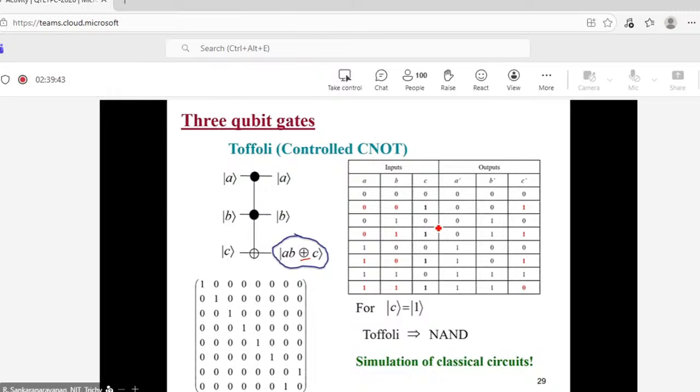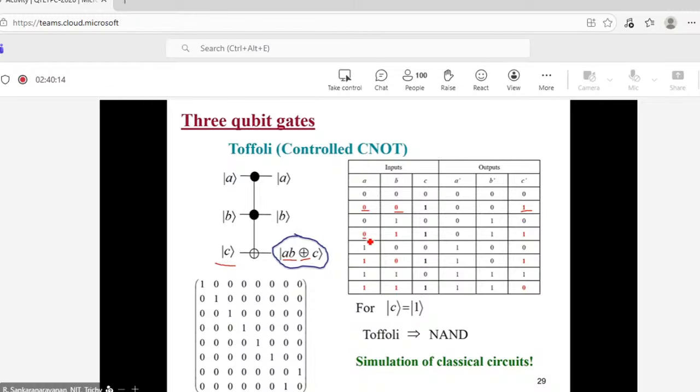So we are setting C equal to 1. Okay. Now you look at this row, this row, this row, and this row. So what is happening here? If the inputs A and B are 0, the output is 1, right? A is 0, B is 0, so the product is 0. Since C is set to 1, 0 plus 1 is 1, right?